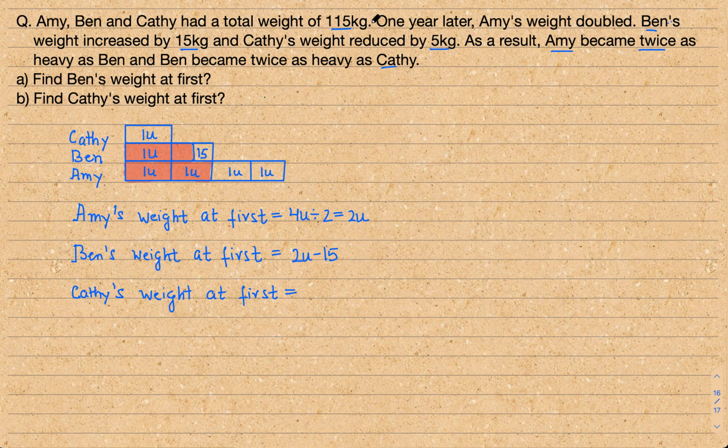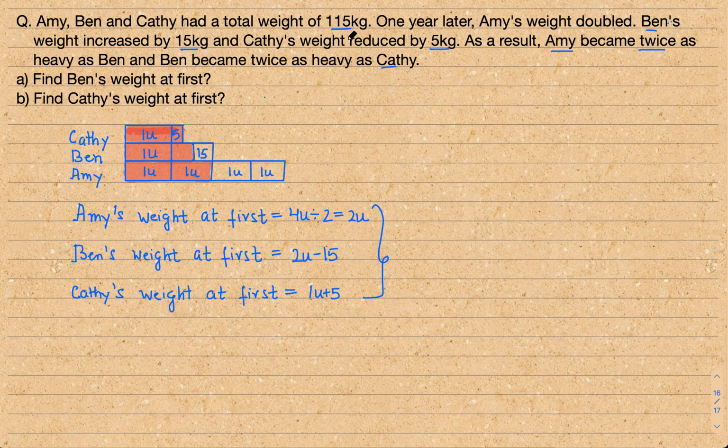That means earlier, 1 year before, she was 5 more. So let's highlight for her as well. Actually Kathy 1 year before was 1 unit plus 5.